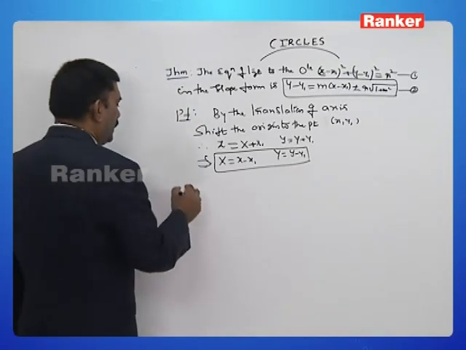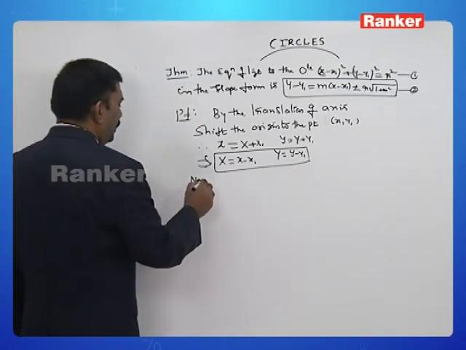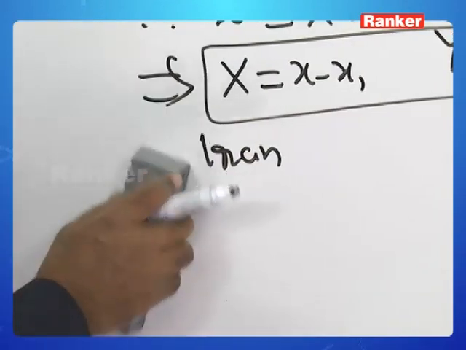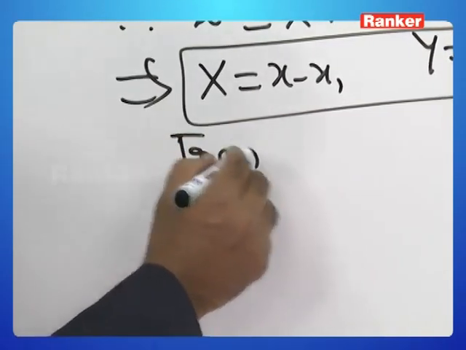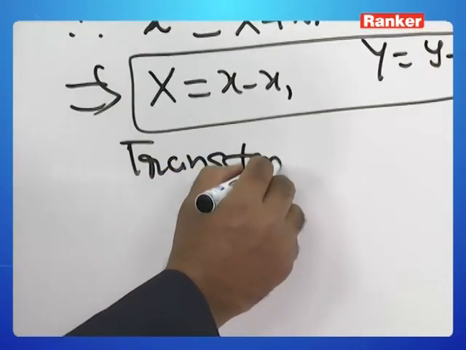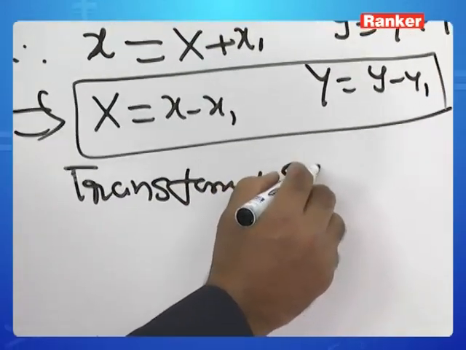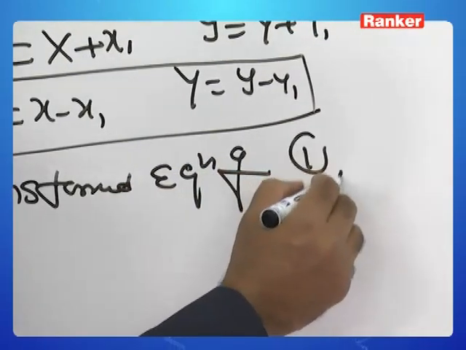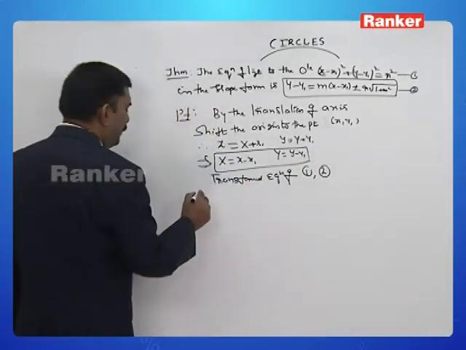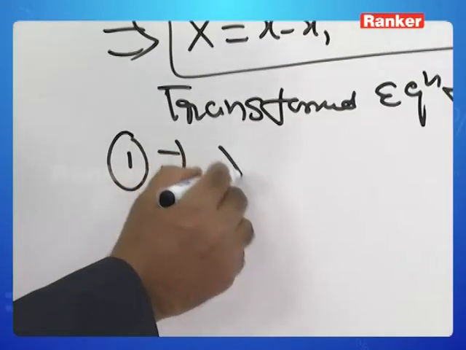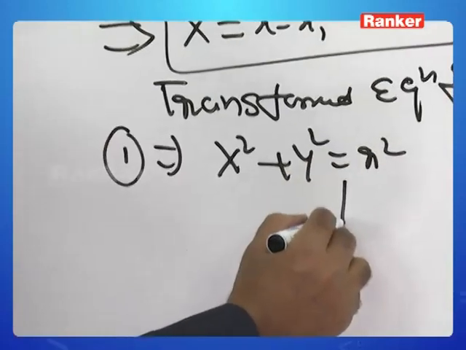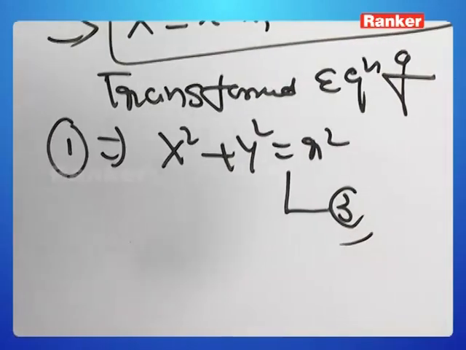Now the transformed equation of 1 and 2. So therefore 1 implies x square plus y square is equal to r square, you call it as 3.